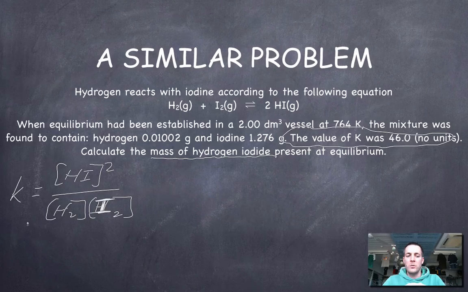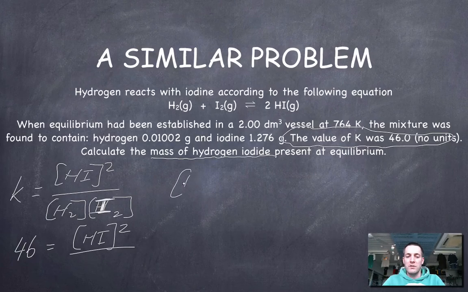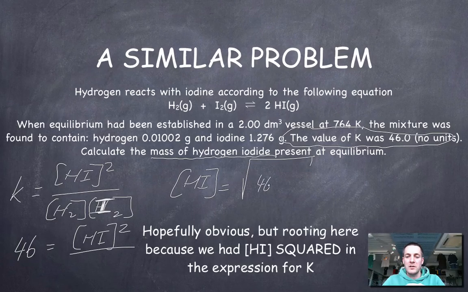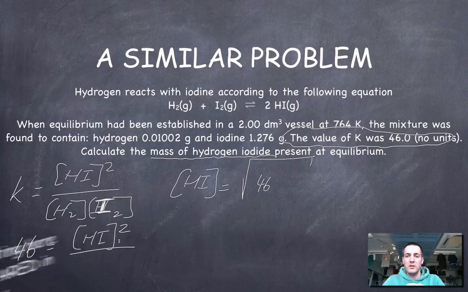Okay, so we know that 46 equals the concentration of HI squared over 2 values that we can find the way we found them before, which means that we can just rearrange this, hopefully, and find that the concentration of HI is equal to the square root of 46 multiplied by these 2 values.